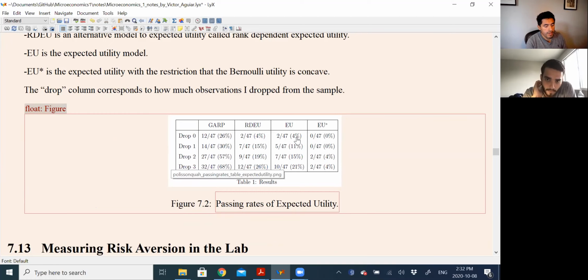And here you have expected utility, and you can see that only 4% of individuals pass, okay? So if you drop now one observation, 11% of people pass, 2 observations, 15%, and 3 observations, 21%. Okay, so in general, expected utility seems to be really bad.